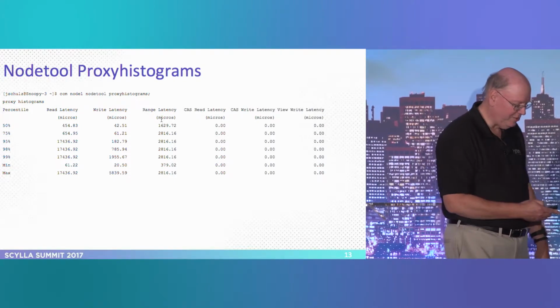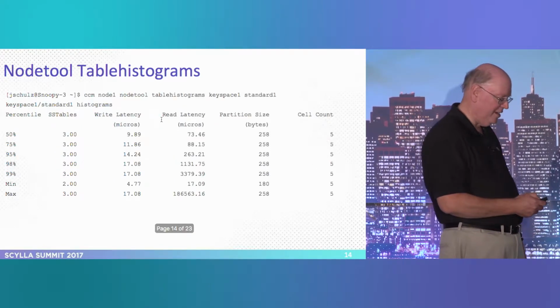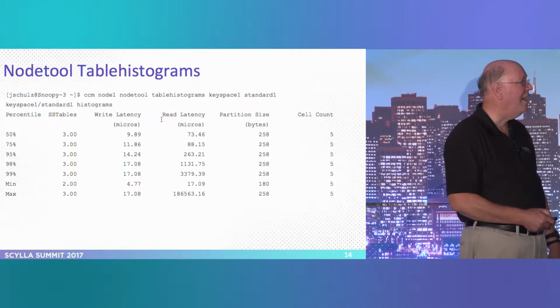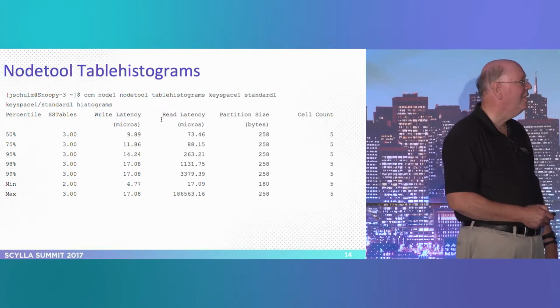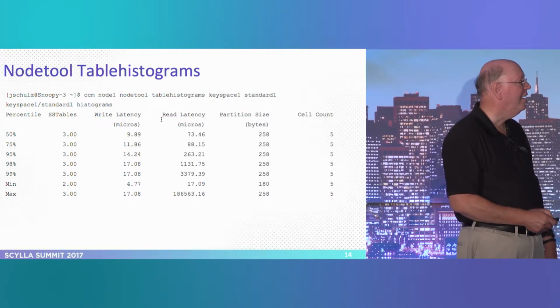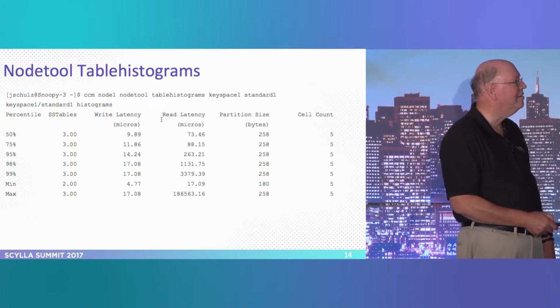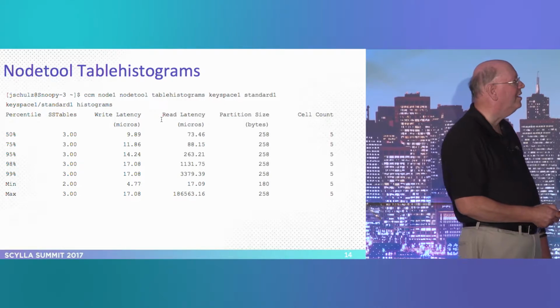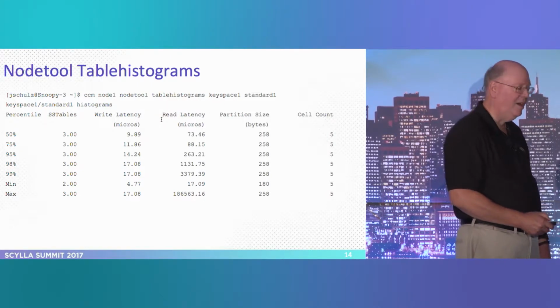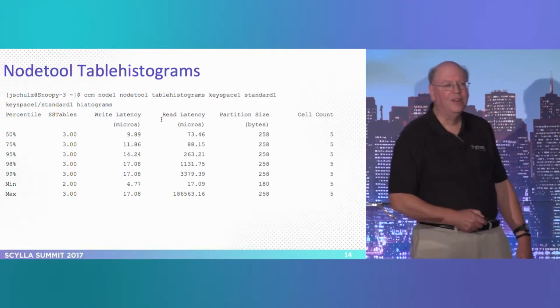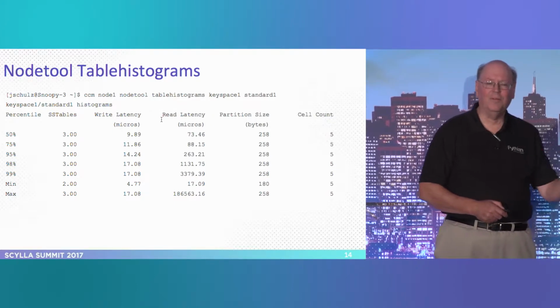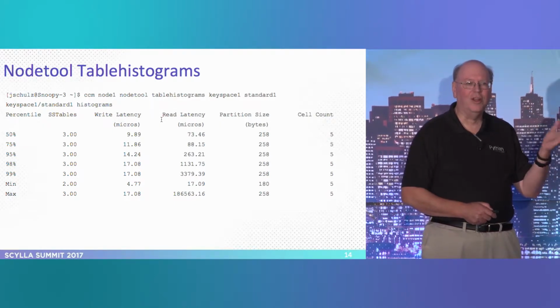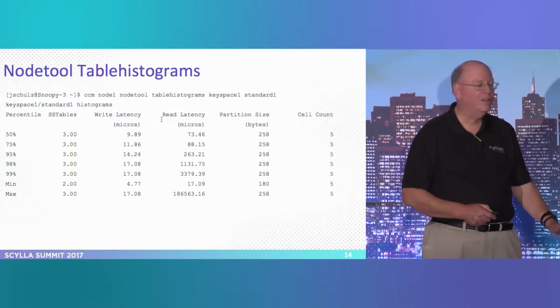Nodetool tablehistograms is the same sort of thing, only this time it's on that particular table. And here's where you see the write latencies get really tiny. You see the number of SSTables. This is the actual number of SSTable files. If you guys remember, there's some discussion about log structured merge trees and all that kind of good stuff and compaction.